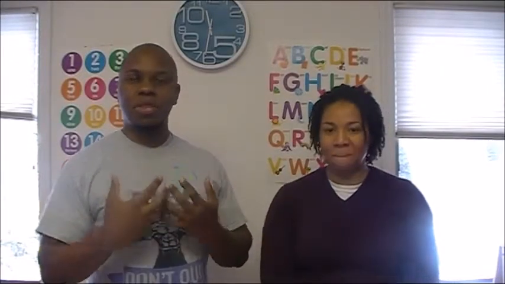Okay. So tip number 1. Reduce negative emotions. So now that you're aware of how you're feeling, and if the feeling is not a good one, now you need to reduce it. You need to learn to control it.